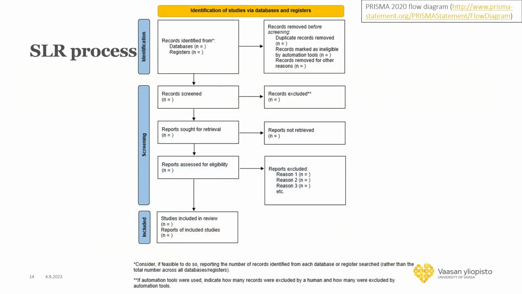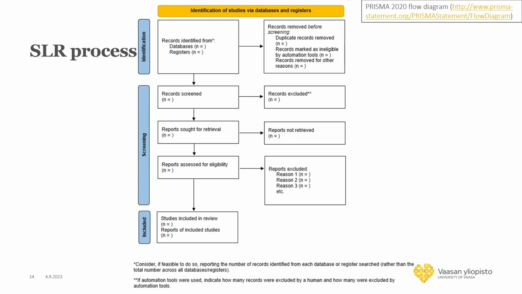One of the most important processes, as I was saying, is the Prisma flow diagram. This is a traditional process that you have to include inside the article, kind of the step-by-step of what you were doing during the selection process and the criteria selection and the number of papers that you have selected and so on.